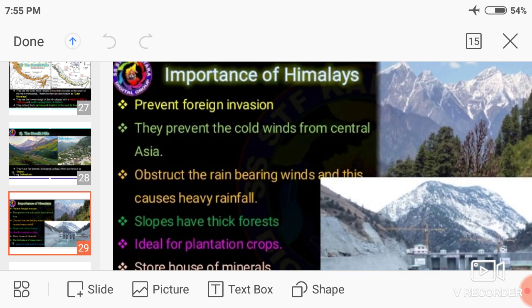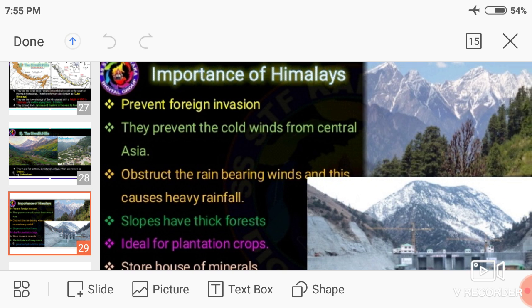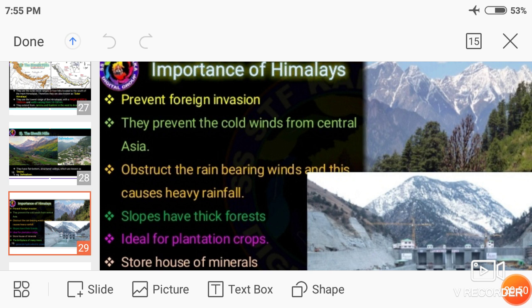Next we focus on the importance of the Himalayas. Keep it in mind, why are the Himalayas very important?